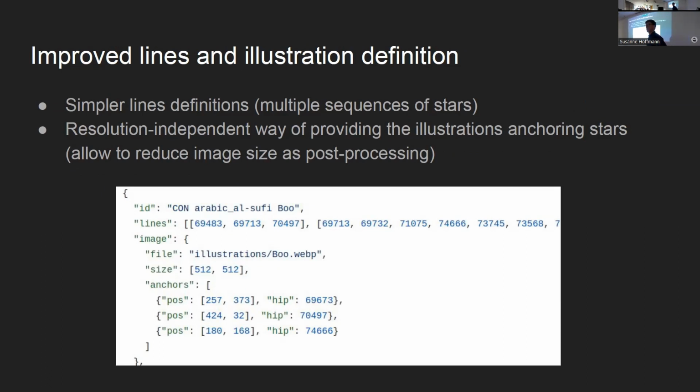So one of the first things we did was to change the way we define the stick lines. In Stellarium, as Georg showed you, you have to define each pair of stars, and you define a lot of segments, but it was a bit complicated, so now we allow defining a list of shapes, sequences of stars, so you don't have to use pairs of stars, but you can do 3 or 4 stars in a row, which makes a line.